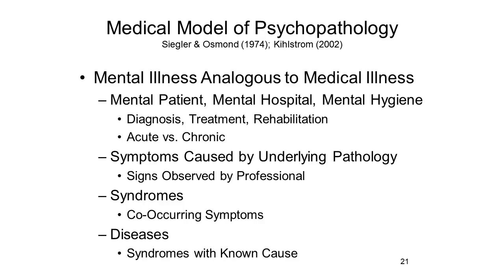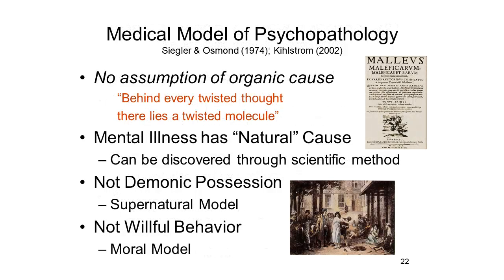I want to talk about the medical model a little bit more because there's often considerable misunderstanding about what exactly the medical model says about mental illness. It's commonly believed, and it's often presented this way in textbooks, that the medical model ascribes mental illnesses to organic causes. That is, that every psychiatric syndrome is ultimately some kind of organic brain syndrome.